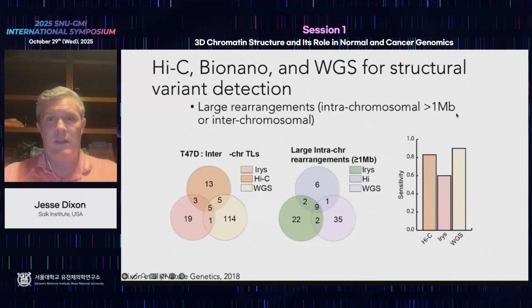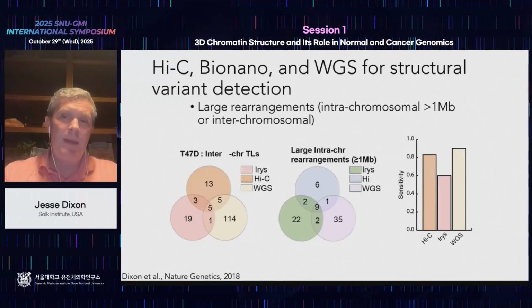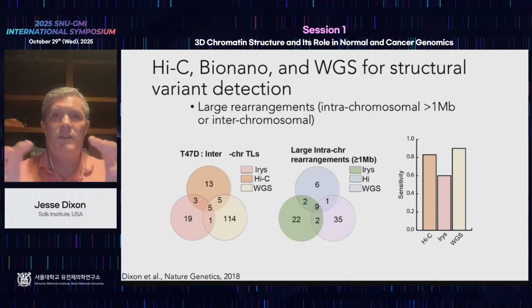These are large-scale intrachromosomal events or interchromosomal rearrangements. This is nice because the signal in the Hi-C data can extend over megabases from the breakpoint, and it can be detected in cells with relatively low coverage. So we think this is a cool way to apply this in the context of single cells for single cell structural variant analysis.